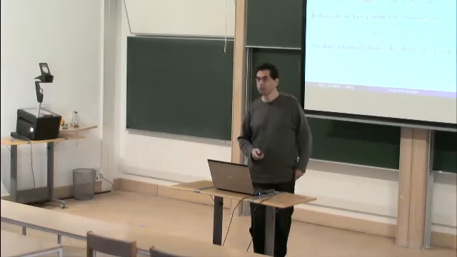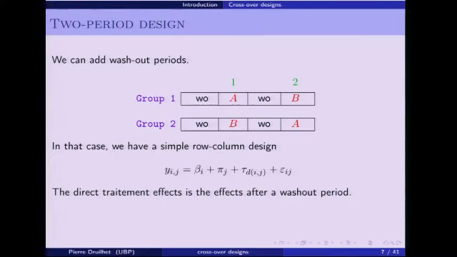So usually you put a washout period. That is, you want to eliminate the effect of the previous period. So in the washout period, you apply no treatments, and you have some baseline, and then you apply the treatment. So in that case, you eliminate carryover effect. So you have just a row column design.